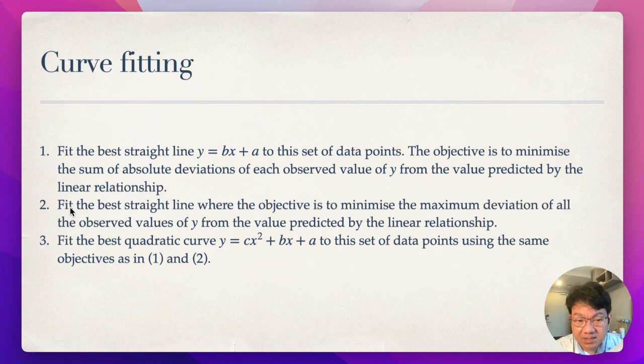We fit the best straight line y equals bx plus a, where the objective is to minimize the maximum deviation of all the observed values of y from the value predicted by the linear relationship. And the third problem, we want to fit the best quadratic curve y equals cx squared plus bx plus a to this set of data points using the same objective as in 1 and 2.